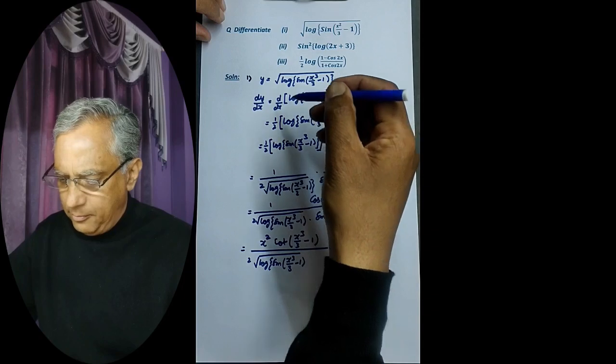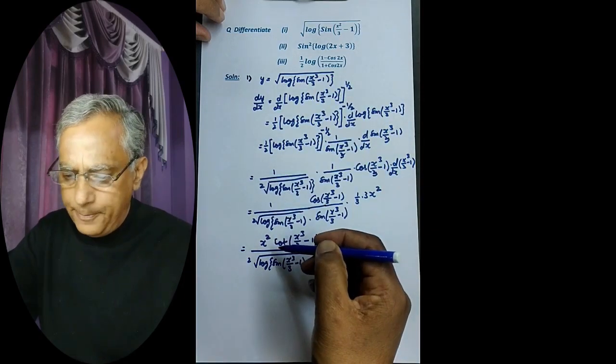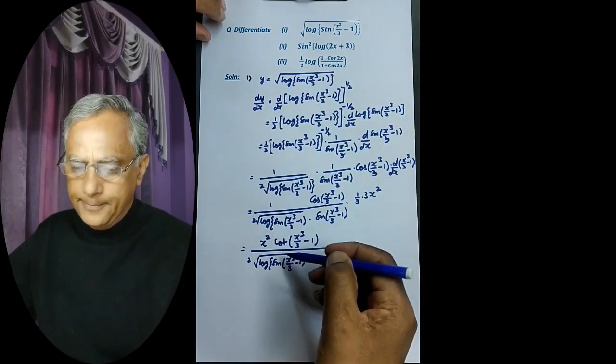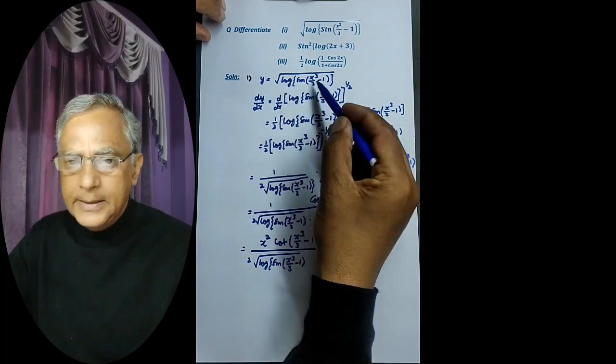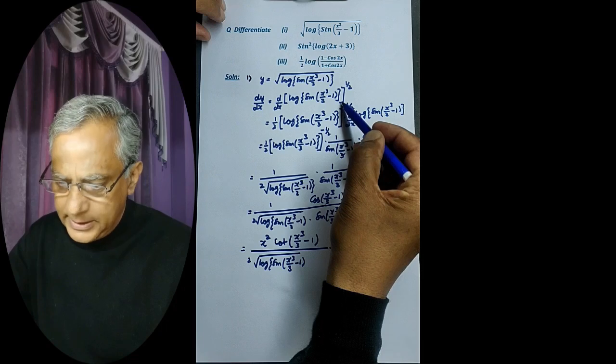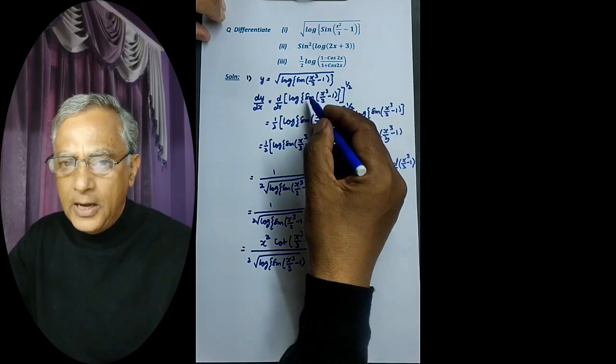I once again briefly explain to you how we proceeded in this question. Now first, this function can be written as this. So this is f(x) to the power of half.